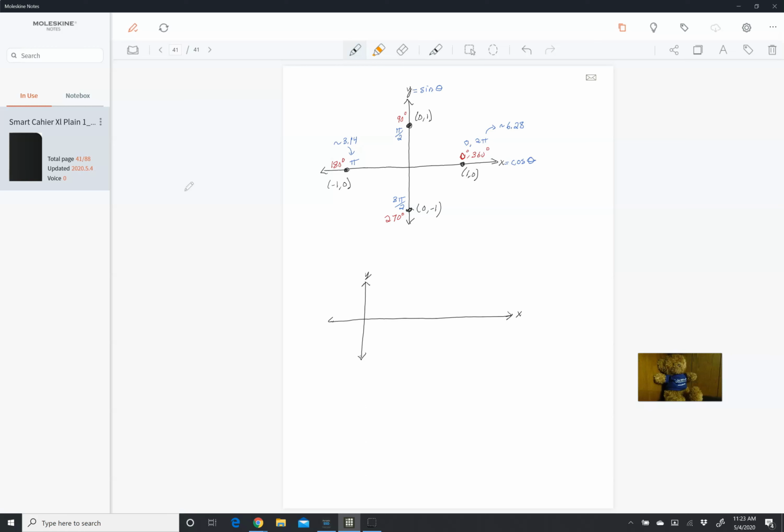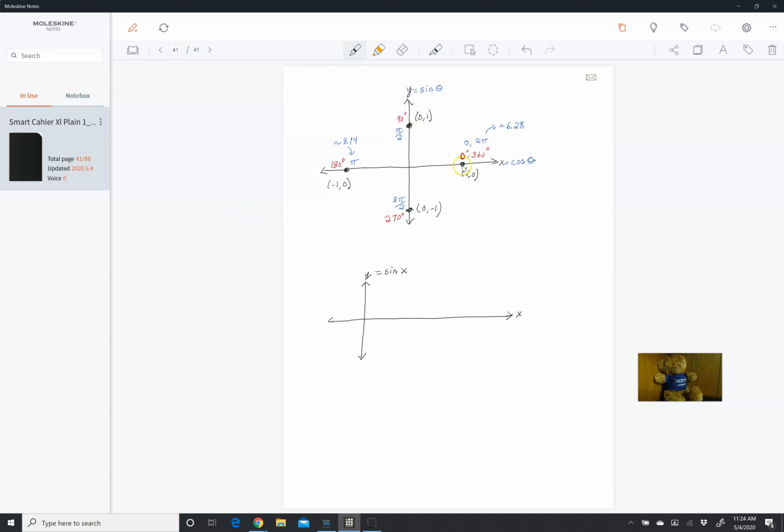This is going to be y equals the sine of theta, or the sine of x. We don't have to use theta. We're going to use x here because we're looking at the x-axis, as opposed to putting theta on the x-axis. So our inputs are our angles.